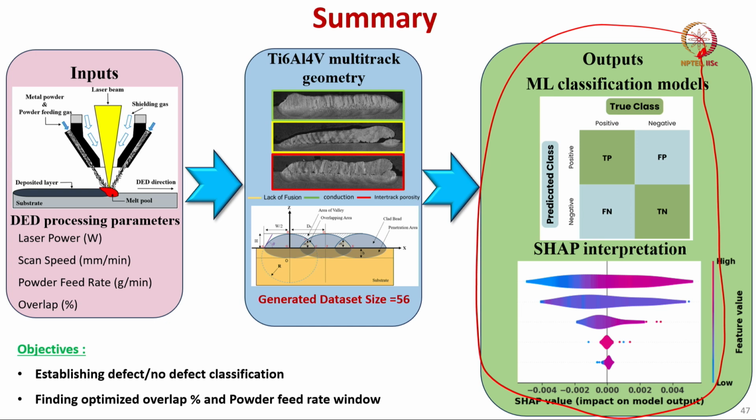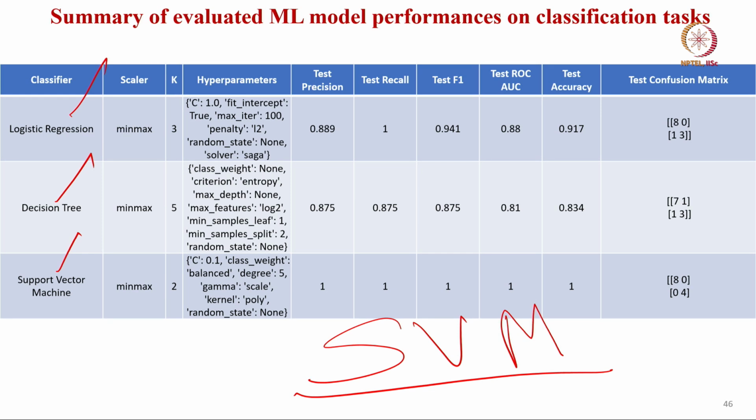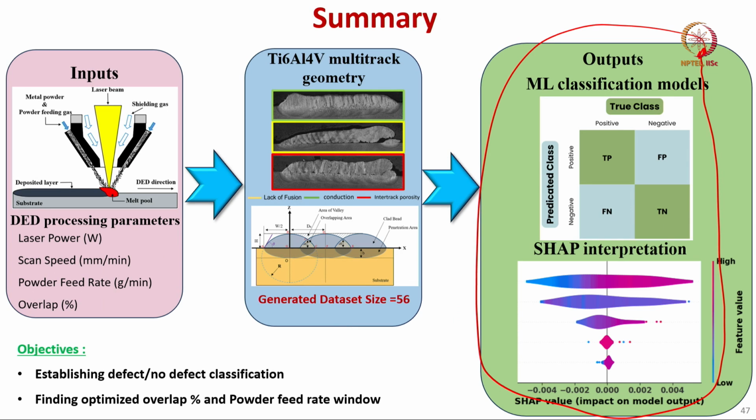And then we have shown that GBM or SVM performs much better compared to logistic regression and decision tree for all these defect classifications, and then SHAP interpretation is also used to find out which process parameter, either scan speed, laser power, overlap percentage or powder feed rate, has the most dominant impact compared to other parameters on the predicted output.